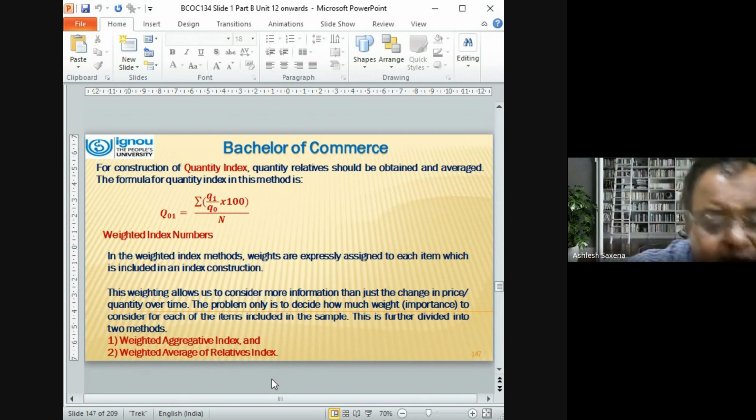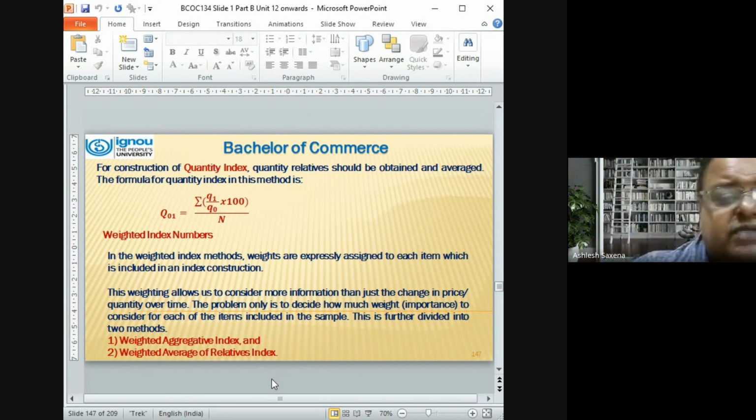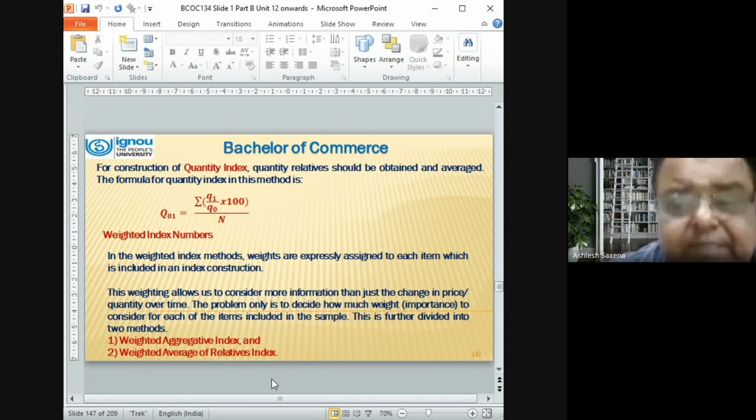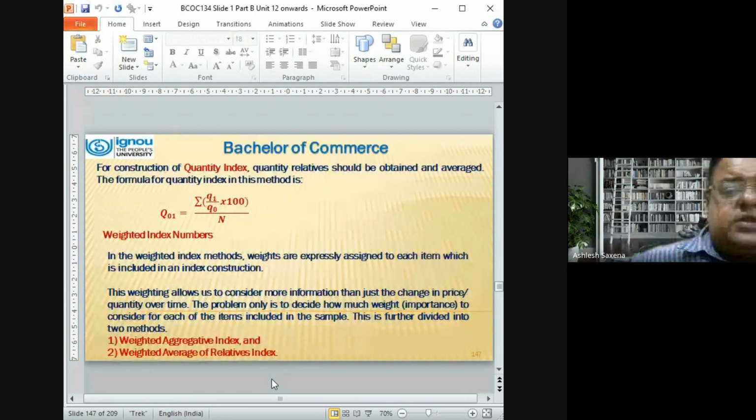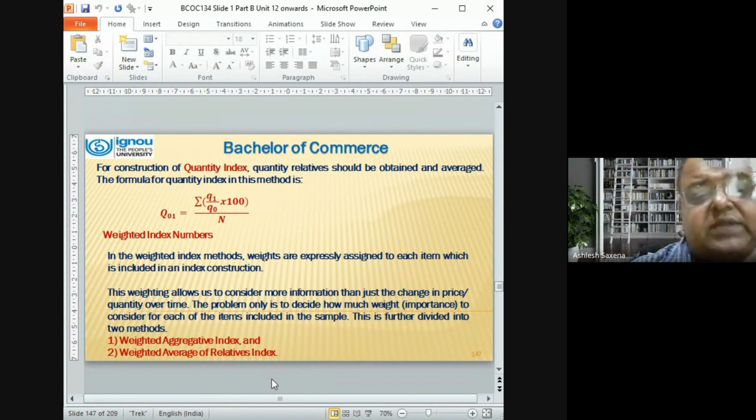The only problem is to decide how much weight to consider for each of the items included in the sample. This is further divided into two methods. The first method is the weighted aggregate index, and the second one is the weighted average relative index.